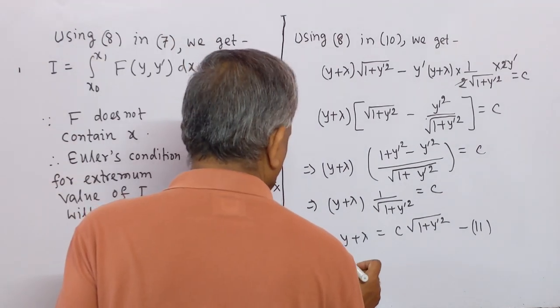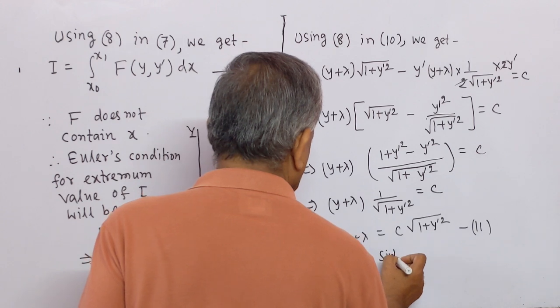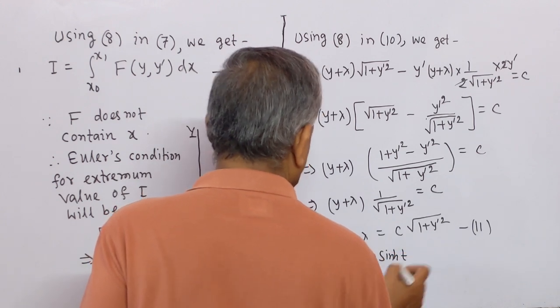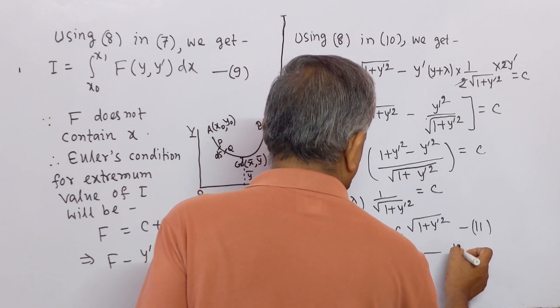Let y prime equal to sinh t, sine hyperbolic t. This is number 12.